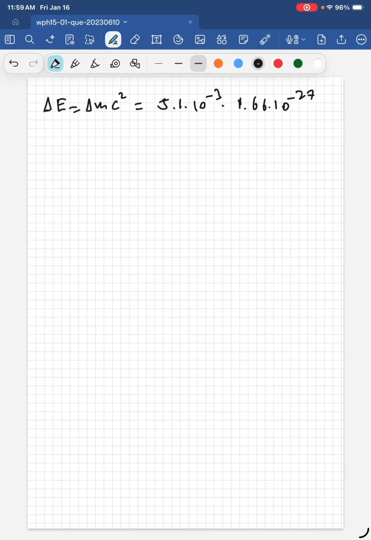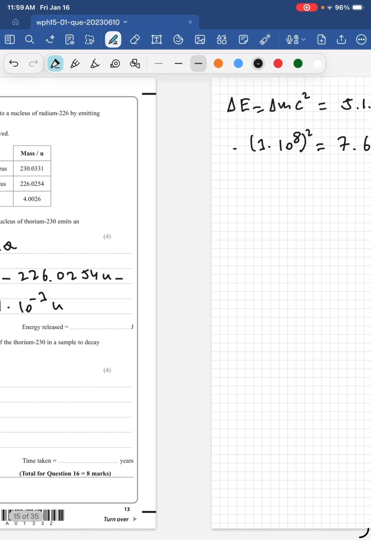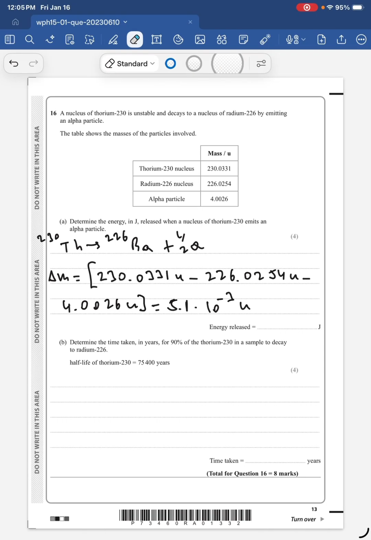Times 3 times 10 to the 8 squared, and they are asking in joules, so this is 7.61 times 10 to the negative 3 joules. That's the energy. Okay, part B. Determine the time taken in years for 90% of the thorium-230 in a sample to decay to radium-226. They give us the half-life of thorium-230 as 75,400. And from that we can determine the decay constant.